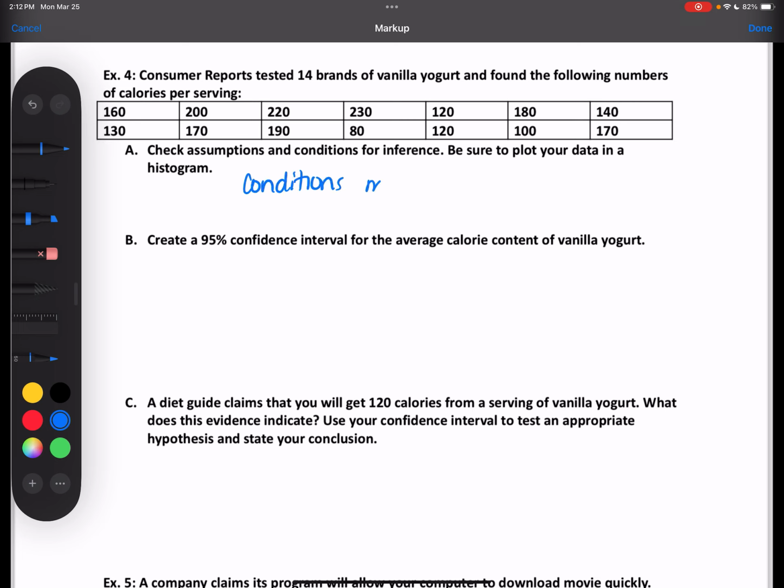So you need to enter these numbers all in a list. Second stack is this? No, just stat.